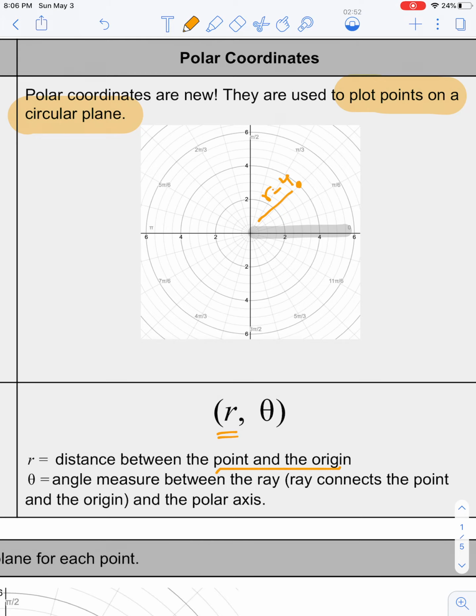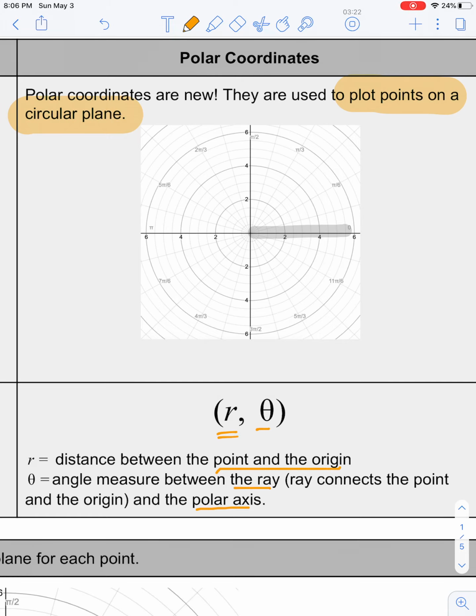If I plotted a point out here, that is a radius of 2, 4, 6, and actually 7, so a radius of 7. The radius is a big component of our polar coordinates, and the second component is theta. Theta is the angle measured between the ray connecting the point and the origin, and the polar axis.